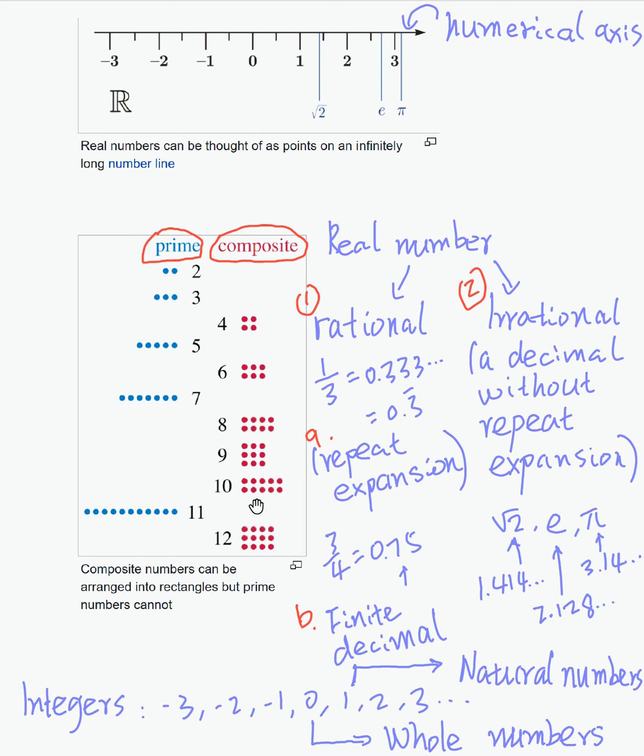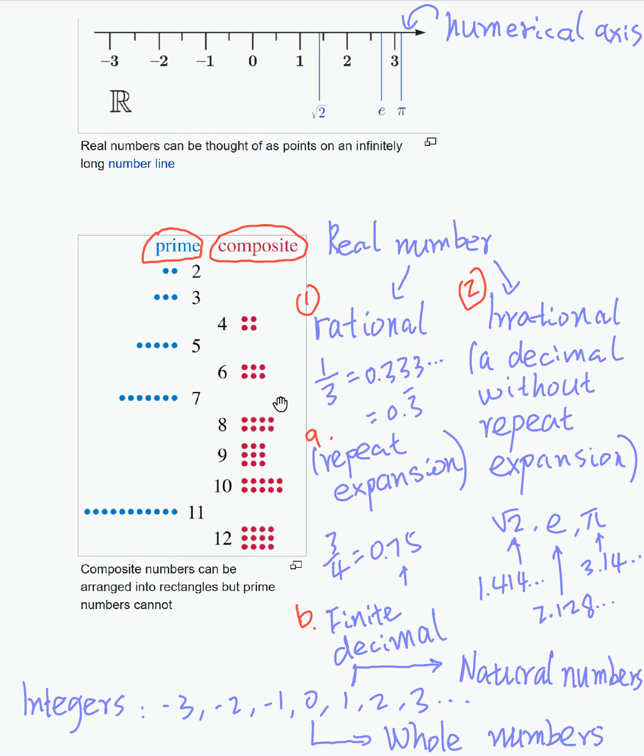Actually, what's the meaning of the rectangle? Once you can arrange them into different rectangles. For example, 10 is 2 times 5. And here, 12 is 3 times 4.